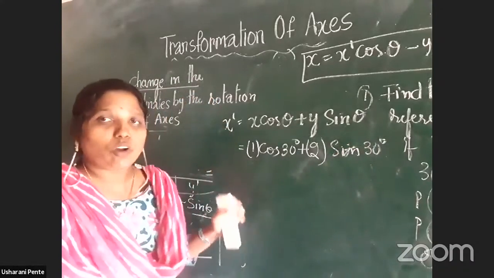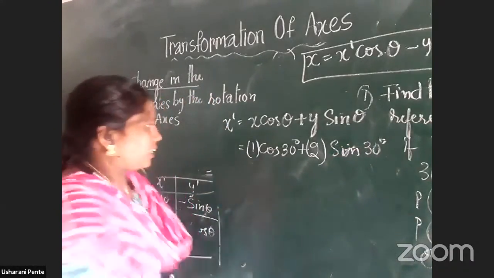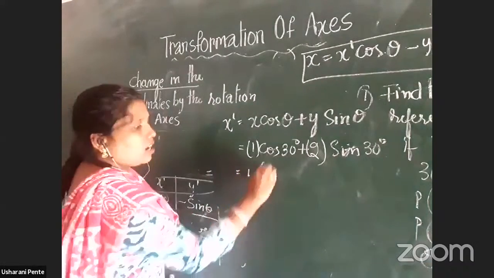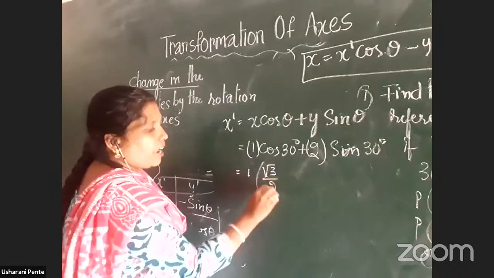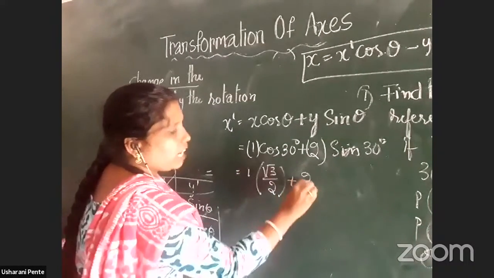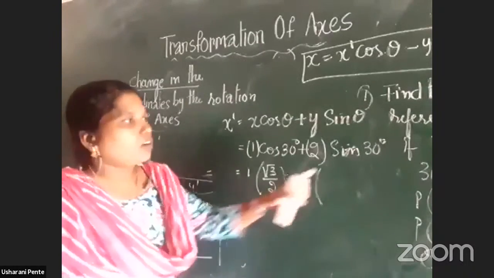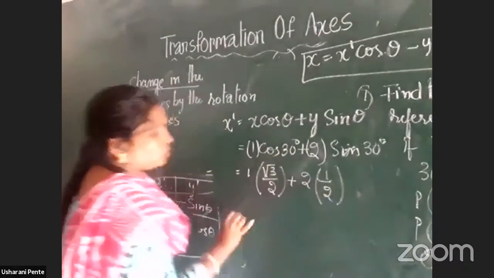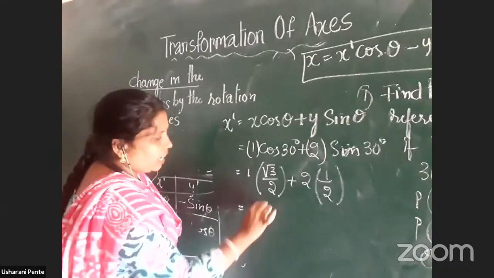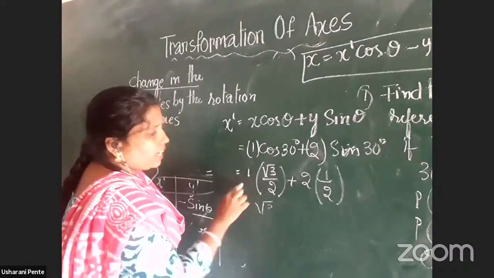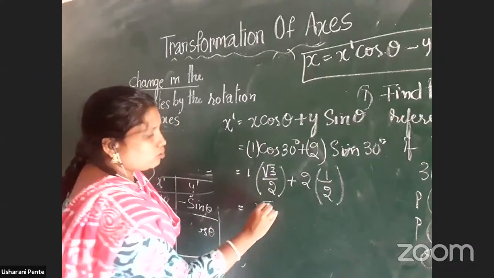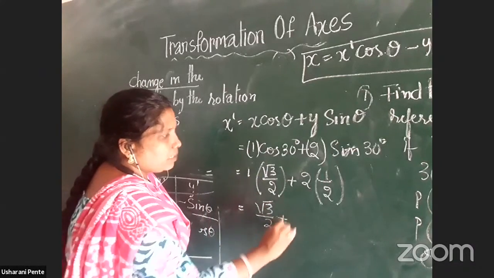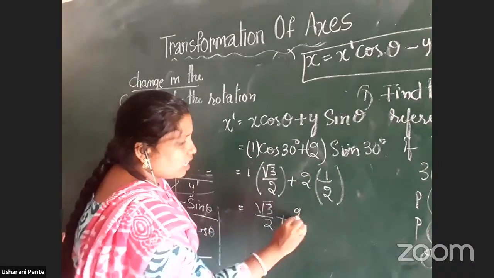So I hope you all know the value of cos 30. That is 1 into root 3 by 2, plus 2 times the value of sine 30, which is 1 by 2. So how much will I get? 1 times root 3 by 2 is root 3 by 2, plus 2 times 1 by 2 is 2 by 2.